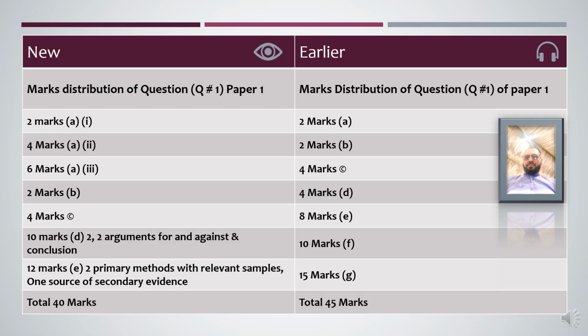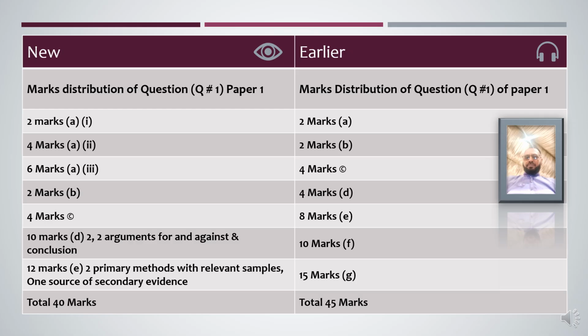So according to the new syllabus, question 1A is of 2 marks, question 1A2 of 4 marks, question A3 is of 6 marks, question 1B is 2 marks, and question 1C is of 4 marks. Now question 1D is of 10 marks, 2 and 2 arguments for and against, and a conclusion. The instruction is given in question 1D, right? Question 1E is 12 marks.